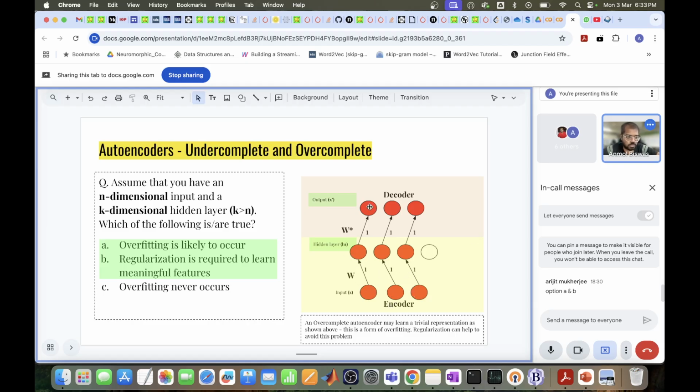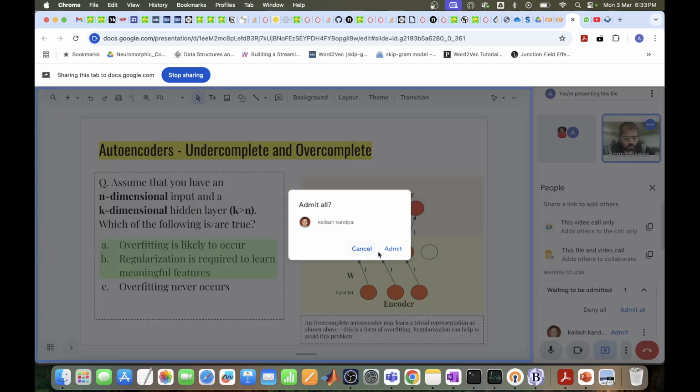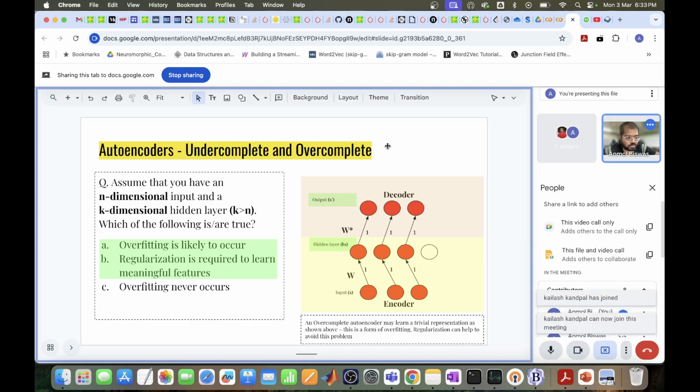While training the network, it can automatically fall into a situation where your network just passes the values from input to the output, right? And if something like this happens, then you are not learning anything.